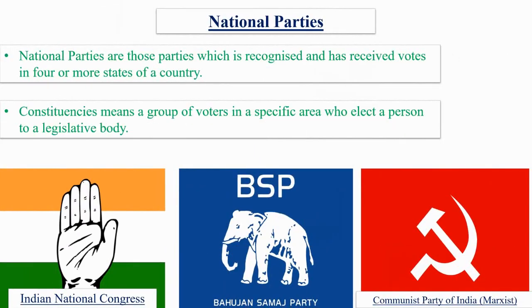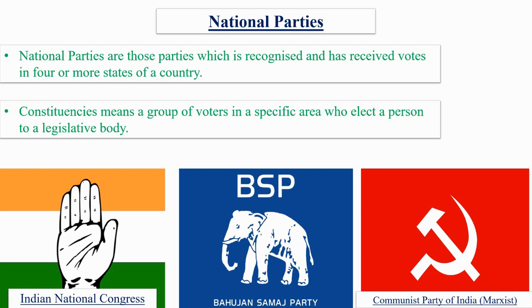Let's look at another topic, that is the divisions in parties, that is the national parties and the regional parties. National parties are those parties which are recognized and have received votes in four or more states.